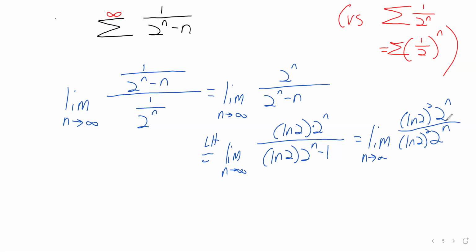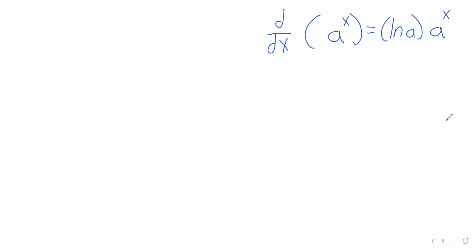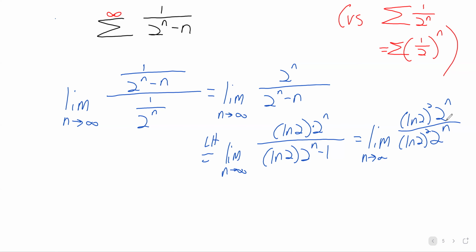When we take this derivative, we get another natural log of 2. So that's why these natural log of 2s are now being squared. Everything cancels. This turns into 1. And the limit is 1, and 1 is a finite number. It is not 0, so these series either converge or diverge together.